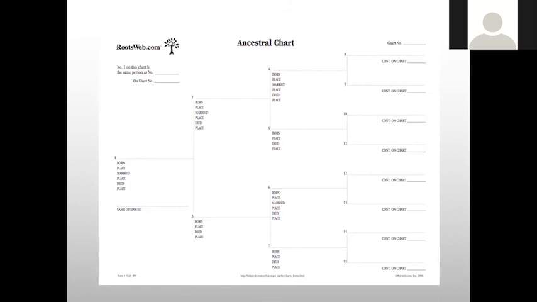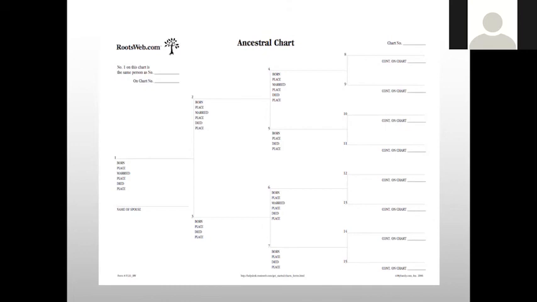4 and 5 will be your father's parents. His father, number 4, his mother, number 5. 6 and 7 will be your mother's parents, your mother's father, and your mother's mother, and so on. 8, 9 will be great-grandparents, your grandfather's parents.